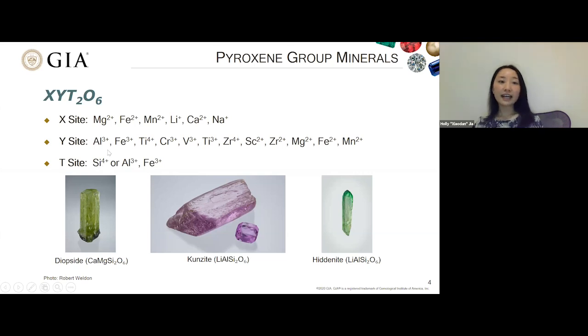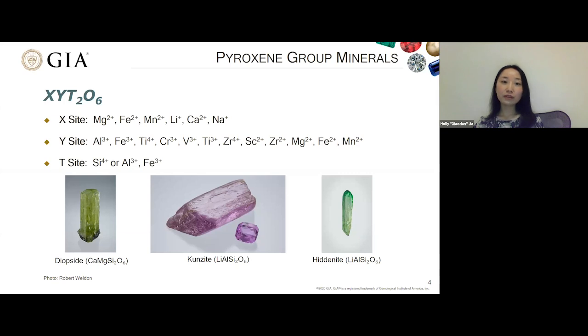As for the other cations in the crystal structure, they usually occupy the X site or Y site, that is the octahedral site. And as you can see, there are quite a number of different elements for both X site and Y site. The various combinations of these elements actually correspond to 20 different mineral species.